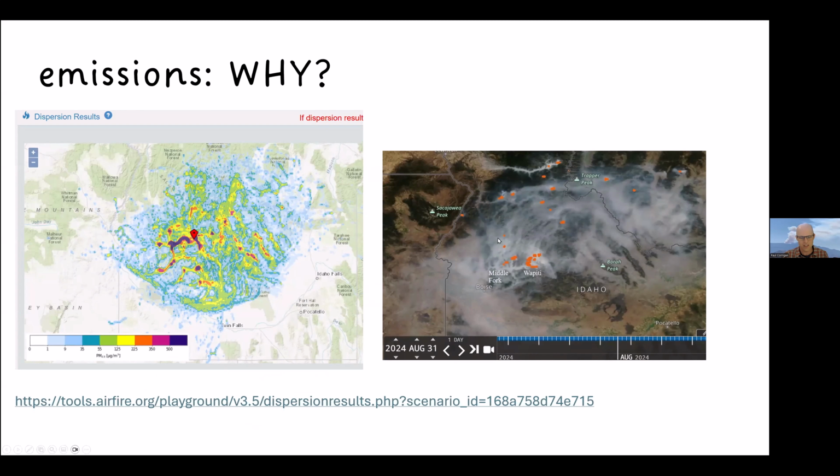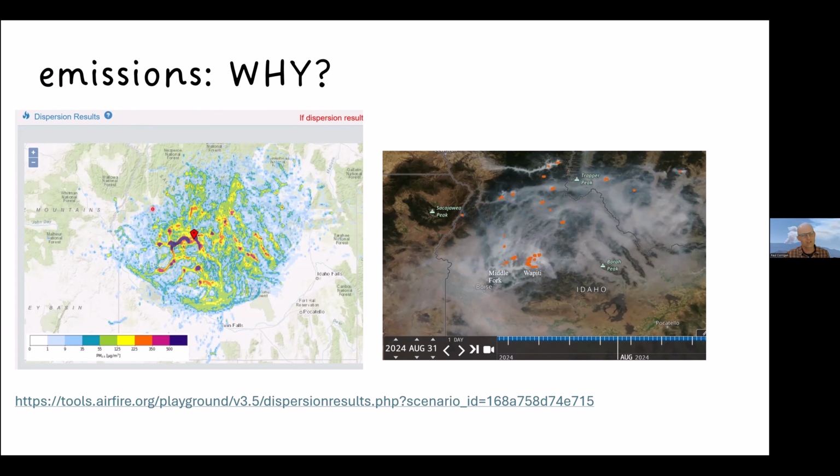We've already looked at LANDFIRE, we've already looked at Worldview, and this is another snapshot of Worldview, Central Idaho last summer. This is a simulated smoke model that I initiated the day prior to this day that you see on the satellite here on the right. This smoke model is called the BlueSky framework, and we'll dig into that a little bit.